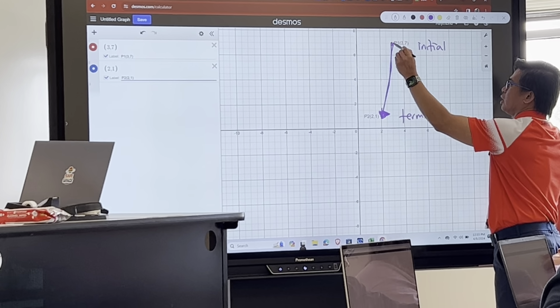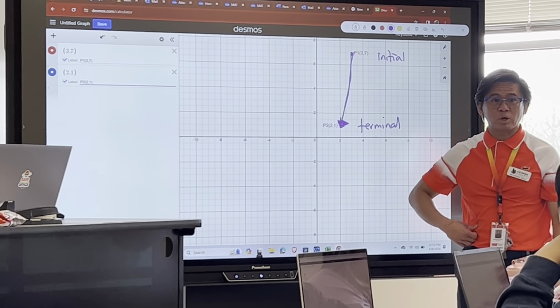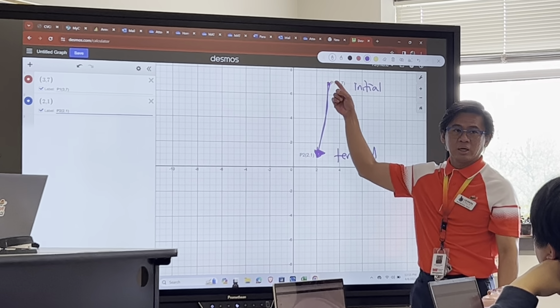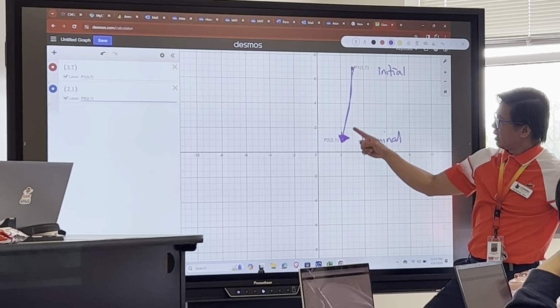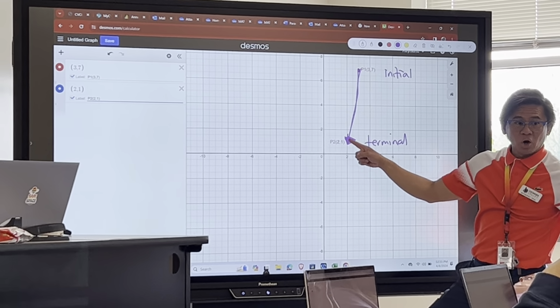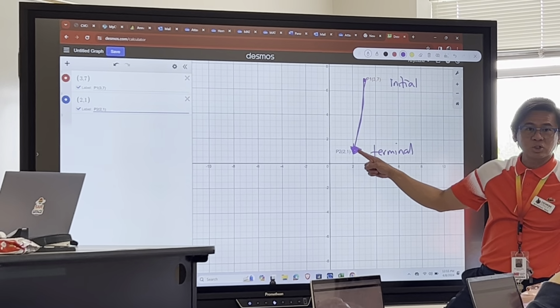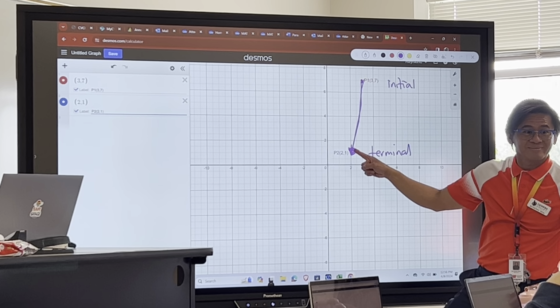So the tail of the ray, this we call it ray, right? The end point of the ray or the tail of the ray will be at P1, and the arrowhead of that ray will be at the terminal point P2.